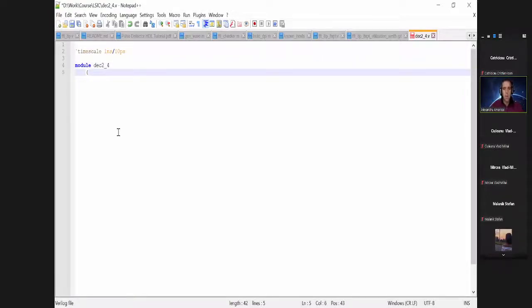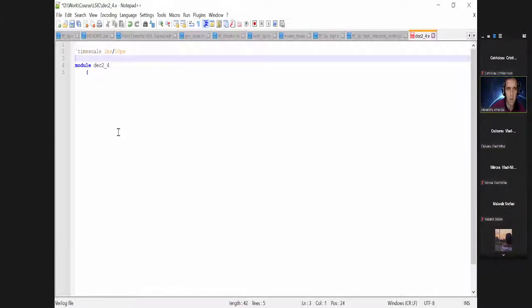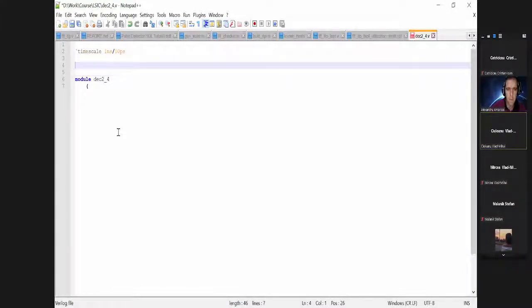How many inputs does the decoder have? Two inputs. For a general decoder, how many inputs? N inputs. And how many outputs? 2 to the n outputs.